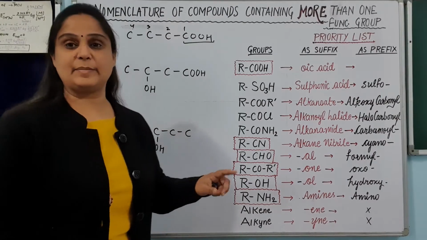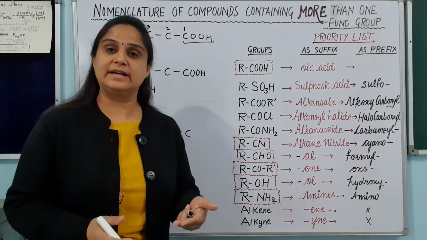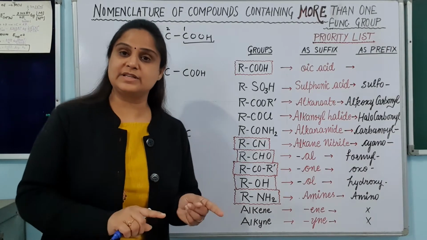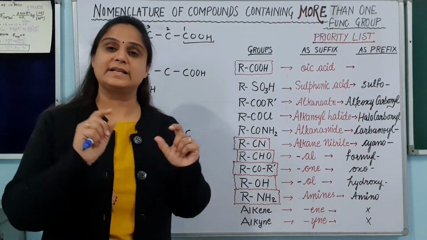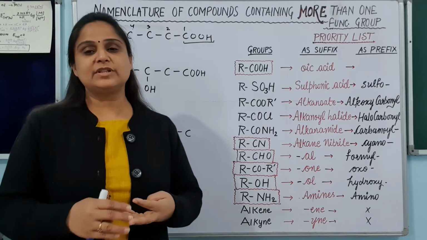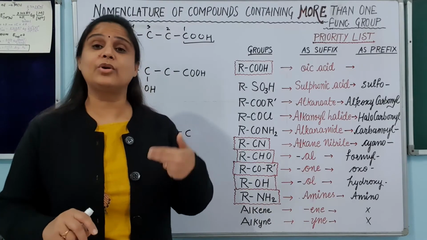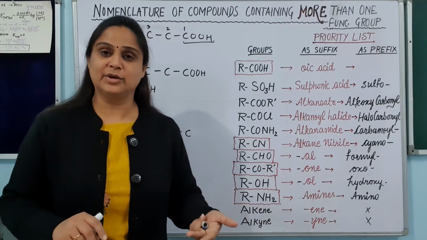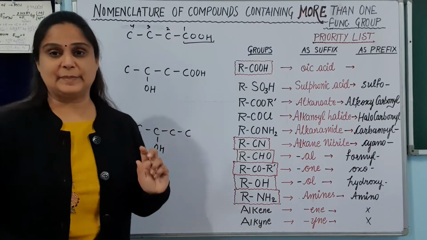And always remember this carboxylic acid as well as one more group is there, that is aldehyde. तो in the case of aldehyde और carboxylic acid you will make sure that you are making it a part of the chain. कोशिश कीजिएगा, and we'll see the things where it is not possible for you to take it in the chain only and to start it from that particular group. तब देखेंगे. अभी के लिए this is the way we are going to number the chain.